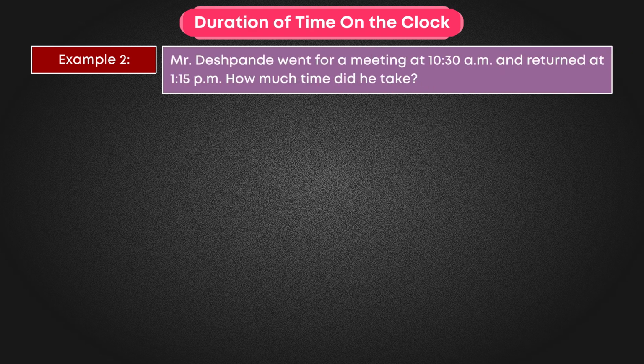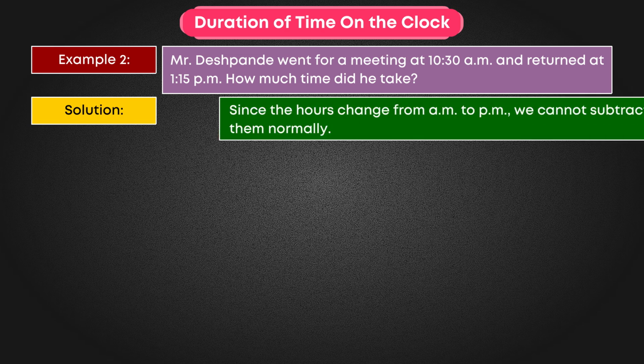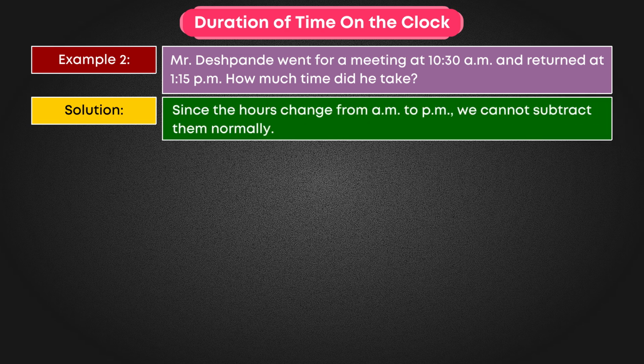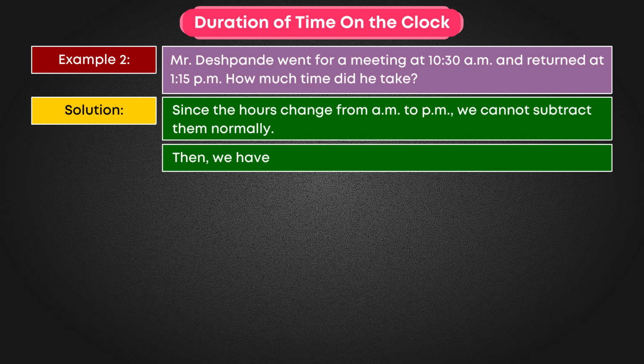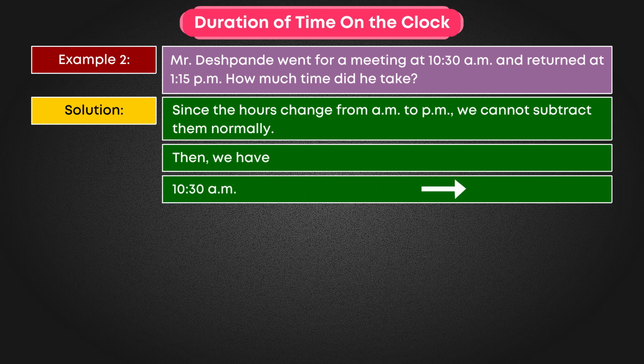Example 2. Mr. Deshpande went for a meeting at 10:30 a.m. and returned at 1:15 p.m. How much time did he take? Solution. Since the hours change from am to pm, we cannot subtract them normally. Then, we have 10:30 am to 11 am.